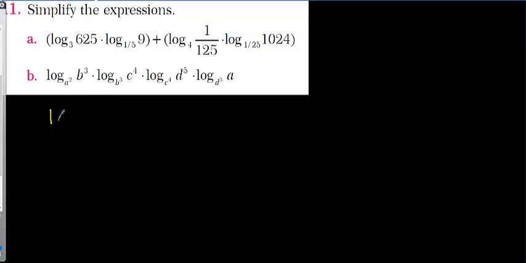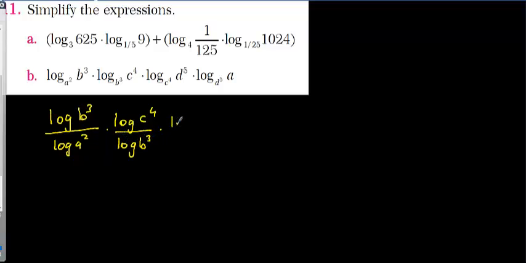I'm going to make the bases the same, and say logarithm of a squared times logarithm base 10 of c4 is equal to logarithm of b cubed times logarithm of d5, over logarithm of c4 times logarithm of d5, logarithm of a over logarithm of d5.